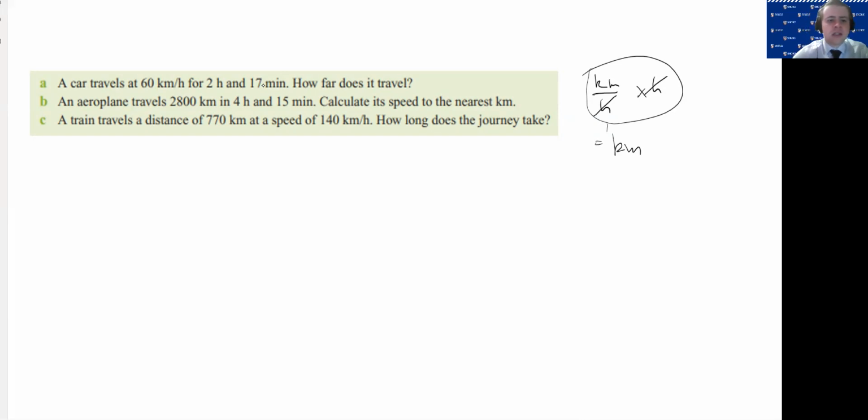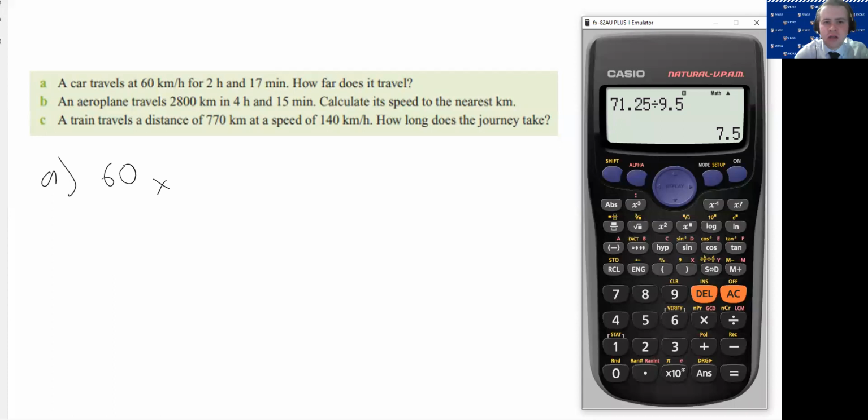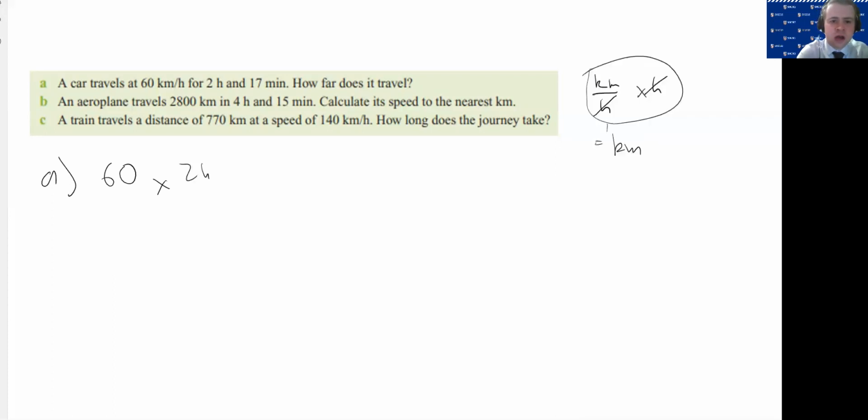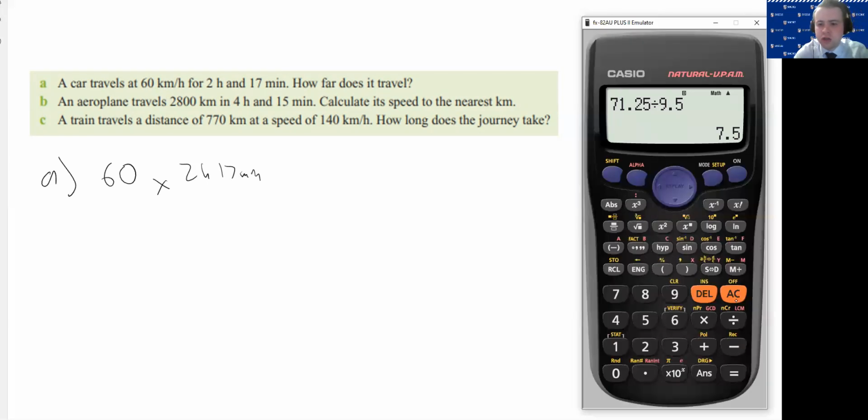Okay, so for part A, I'm going to do 60 times... Now, I'll show you a little trick that you can do in your calculator. So, 2 hours and 17 minutes. You can use the degrees, minutes, seconds button, okay? This button here to put in hours and minutes. So you can go 60 times 2 and then press this button here.